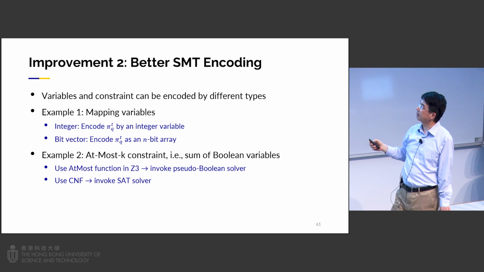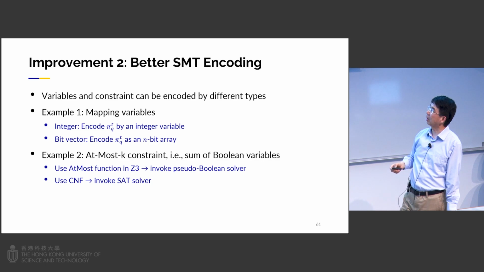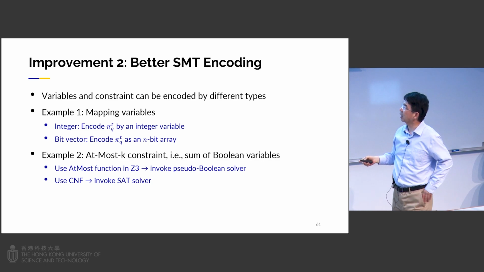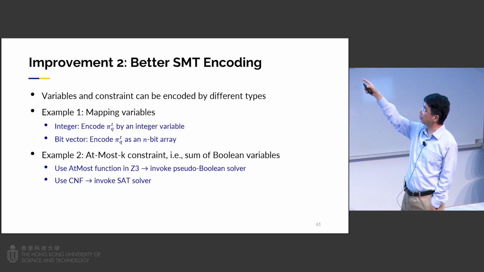The second one is that we have this type of constraint: we want at most k elements, or variables, to be true. This at-most function is over a set of Boolean variables.